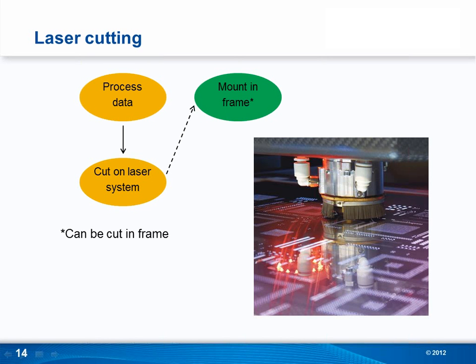The nice thing about this process is that you can skip a step by mounting the metal sheet in the frame before you start cutting. The advantage of that is that the turnaround time from receiving data to shipping a stencil is shorter, and it also improves the precision of the location of the apertures because the tension on the metal does not change from raw metal to finished stencil.